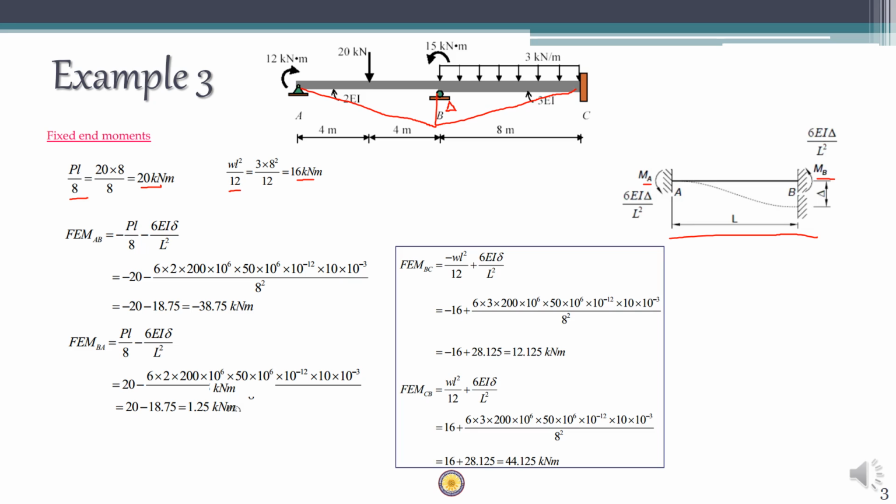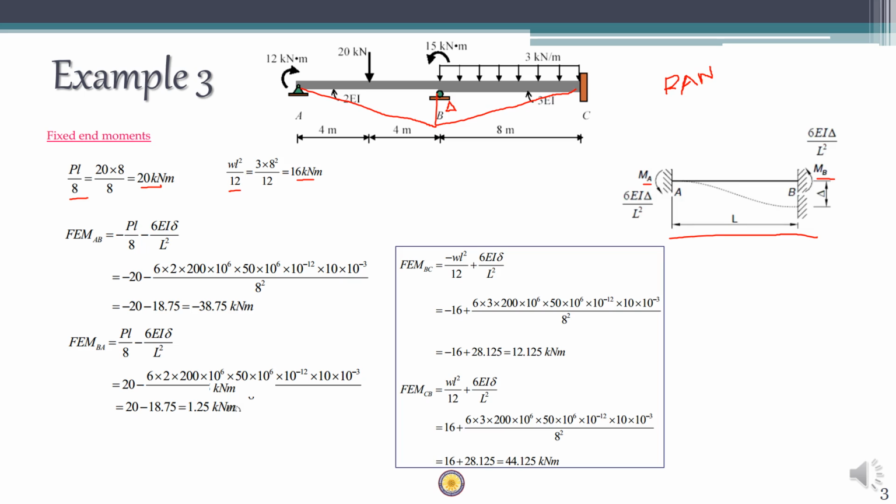If you consider the sign convention, reactive anticlockwise moments are negative. So we have both FEMs as anticlockwise, which means that both FEM values, 6EI delta by L square, are going to be negative. So FEM AB and FEM BA due to delta are going to be negative.